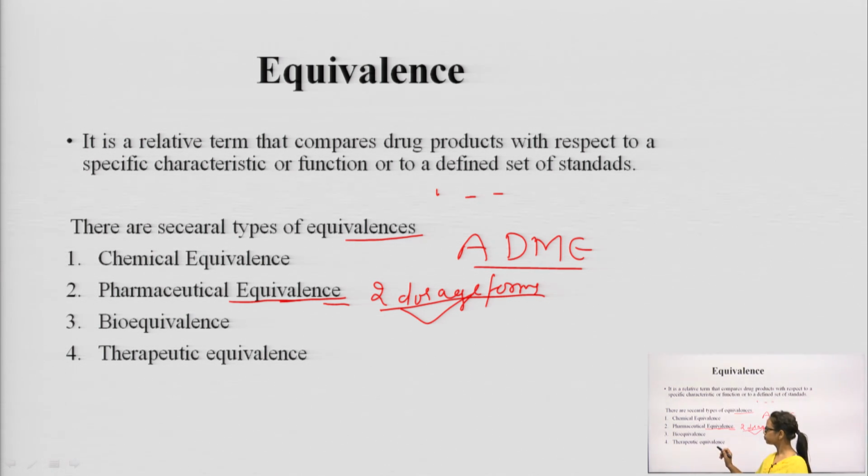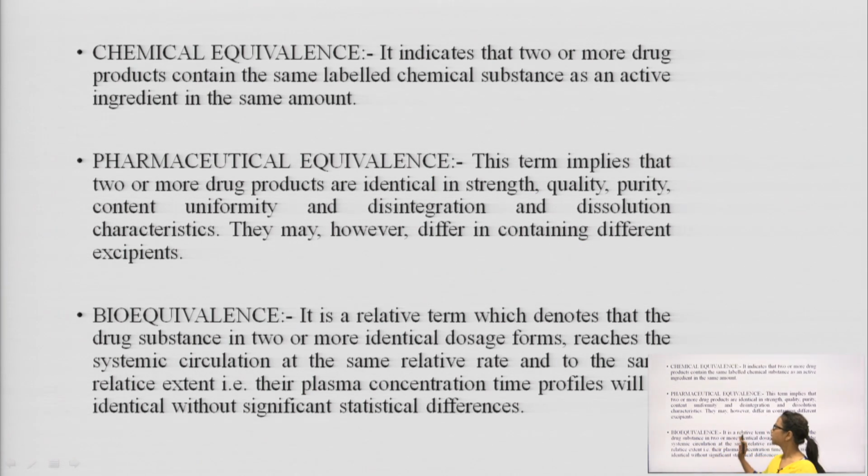In chemical equivalence, it means two or more drugs contain the same labeled chemical substance as an active ingredient. So, we study their bioavailability plus pharmacokinetic factors.